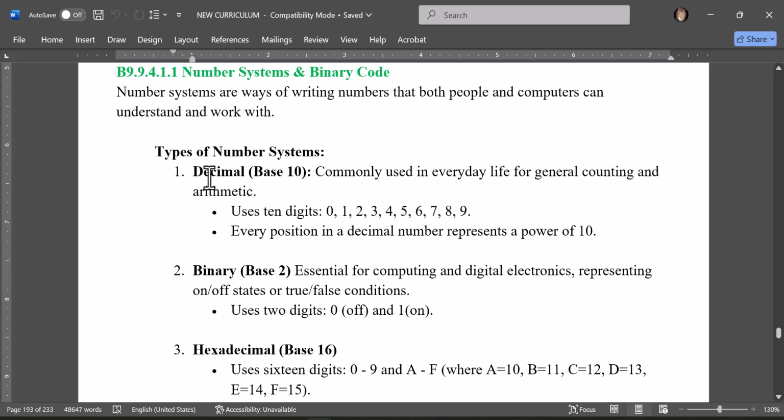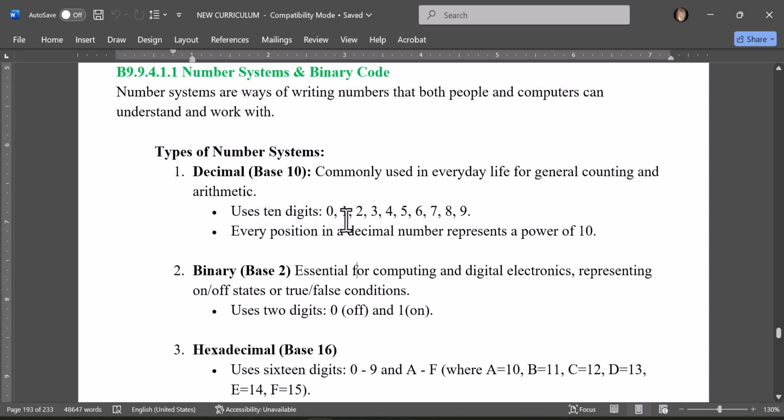Now, when we say decimal, decimal is commonly used in everyday life for counting and arithmetic operations, and that is what human beings understand. And it is base 10 because the digits are 10. It ranges from 0 up to 9. So if we should count, we have 0, 1, 2, 3, 4, 5, 6, 7, 8, 9.